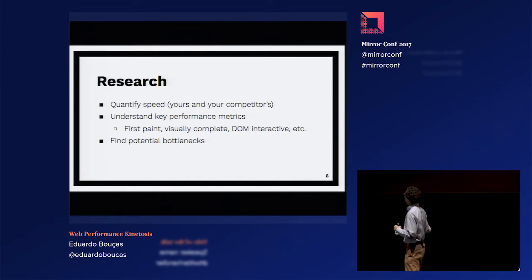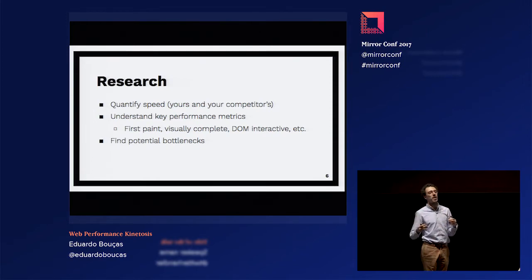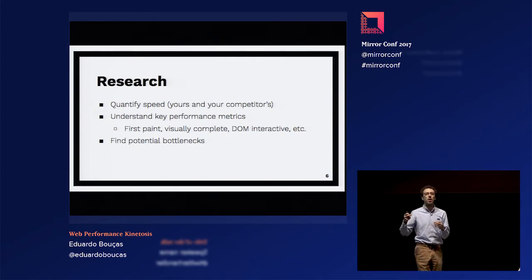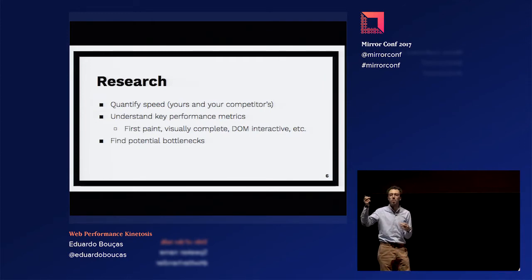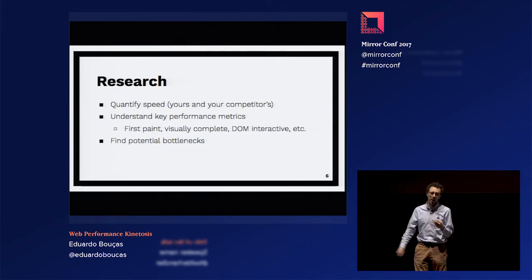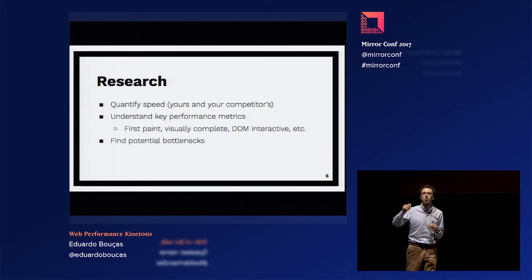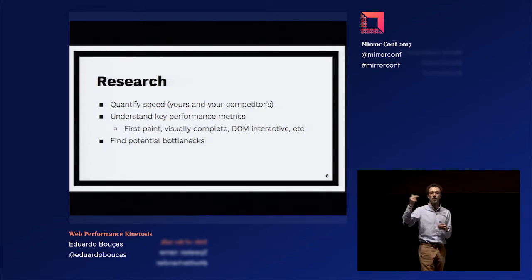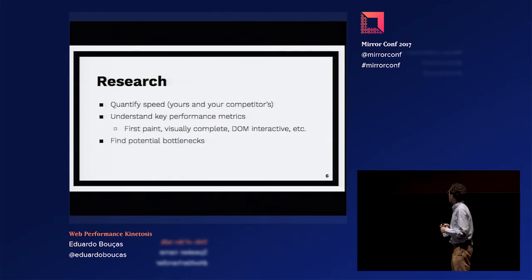So things like first paint, which is the amount of time it takes between the moment you start the request and you see some things like the first pixel being painted on the screen. Or things like DOM interactive, which is the time it takes for you to be able to interact with something on your website, like a button or a slider or a select input.